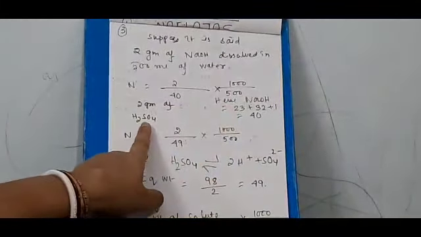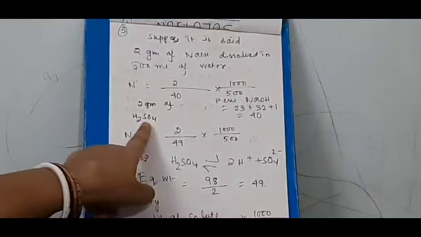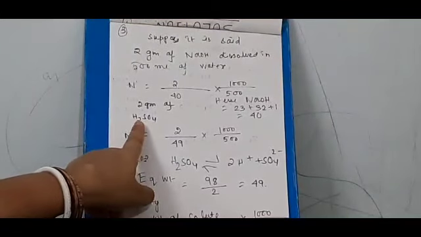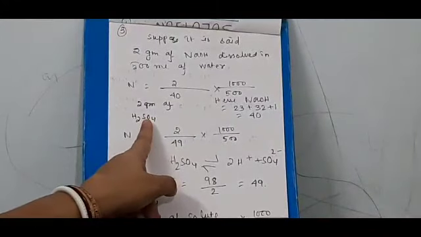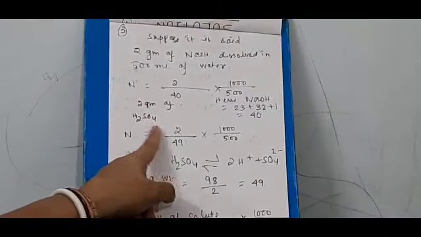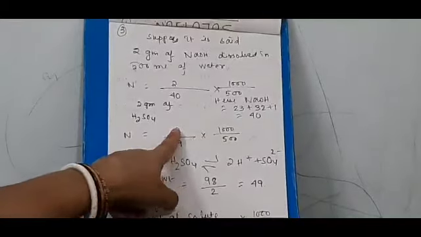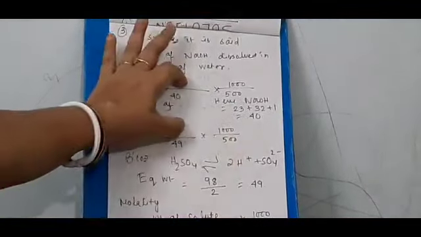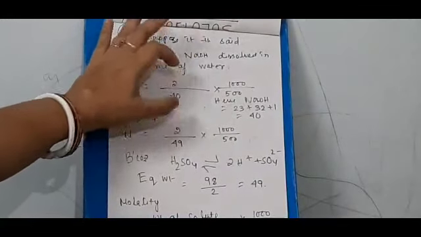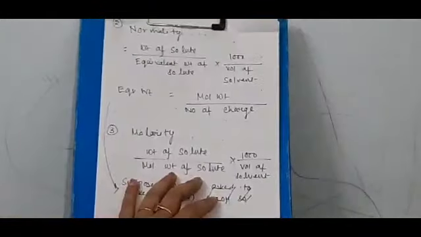Whereas in case of H2SO4, after dissociation we are getting 2 hydrogen plus. So the total 98 molecular weight will be divided by 2 and we will get 49. So we will divide this 2 gram by 49 into 1000 by 500. This is the actual difference between molecular weight and equivalent weight.